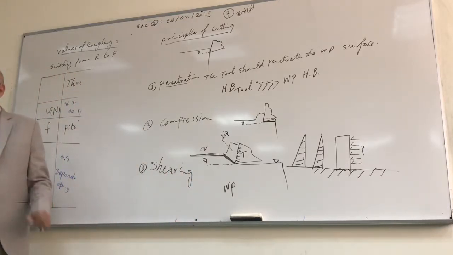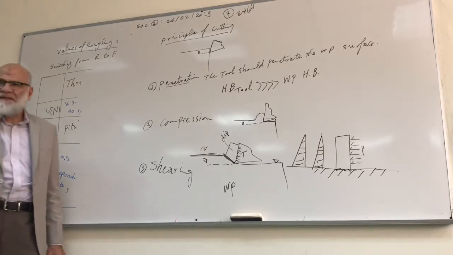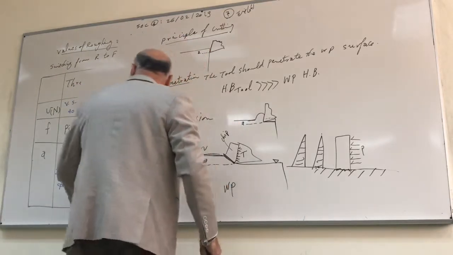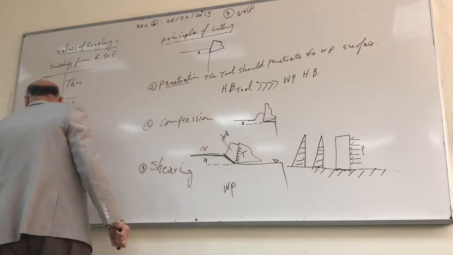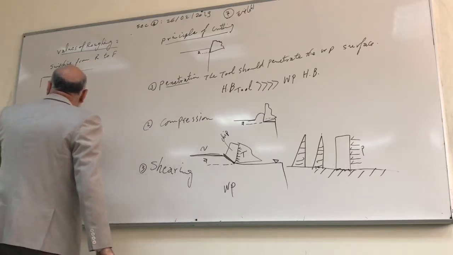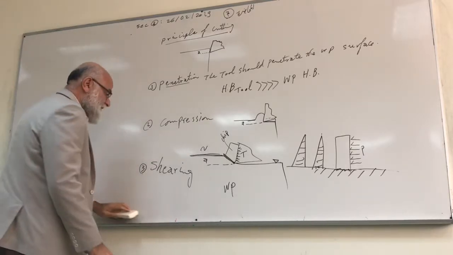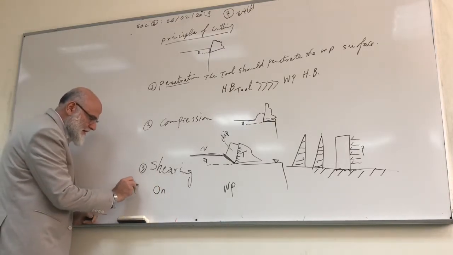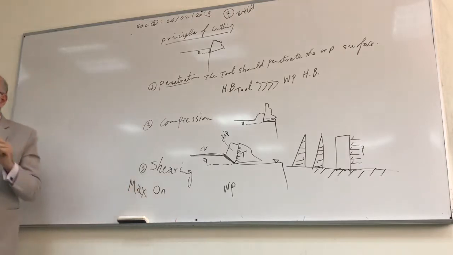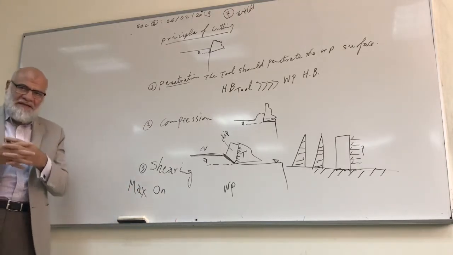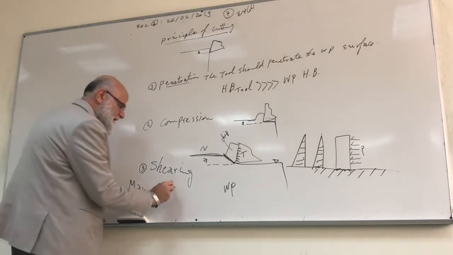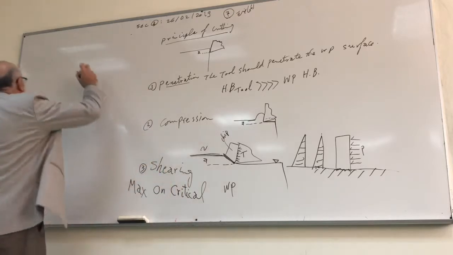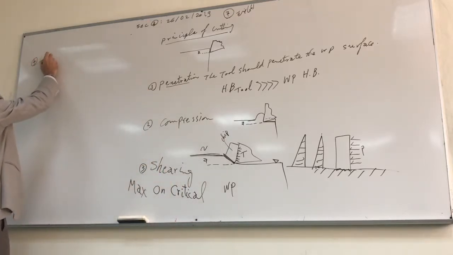We said one stage, which is separation. Shearing, and the bending, which is a combined stress of both, is maximum on the critical section. Number 4 is separation.